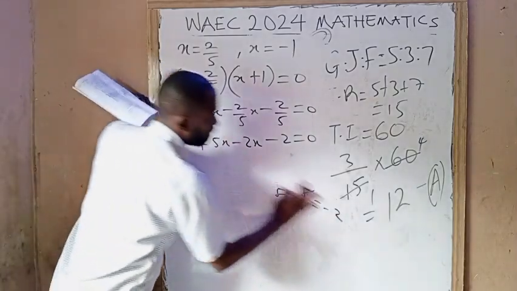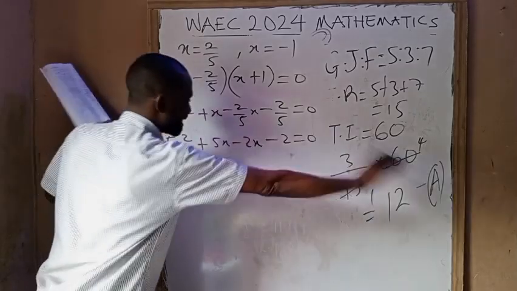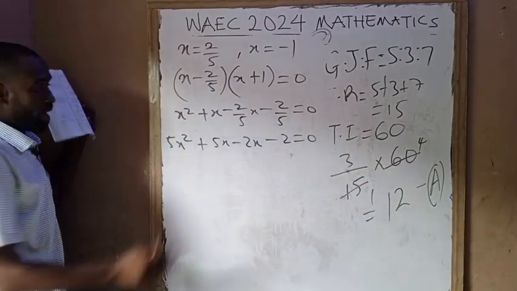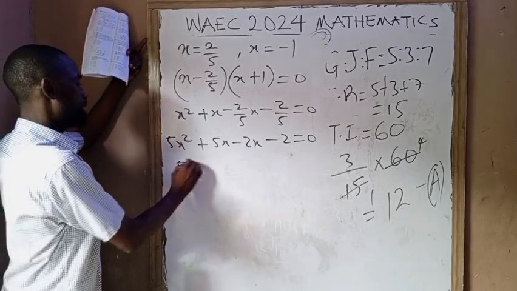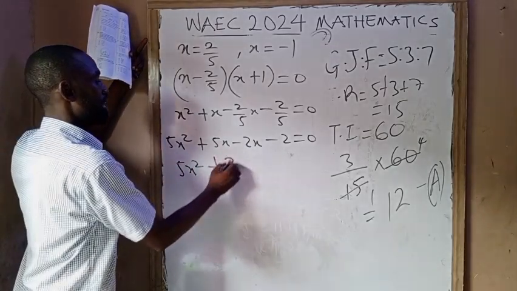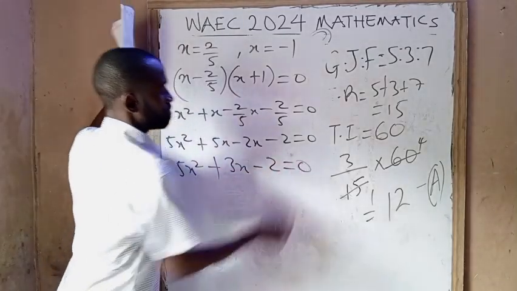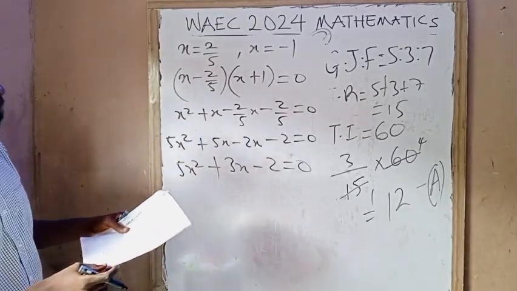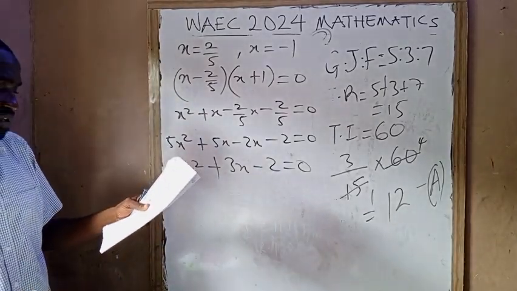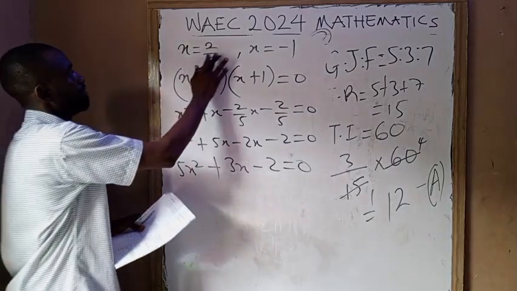Are you with me? So that's what I did: I multiplied through by the LCM, which is 5. Oh, this is 2 over 3, not 2 over 5.